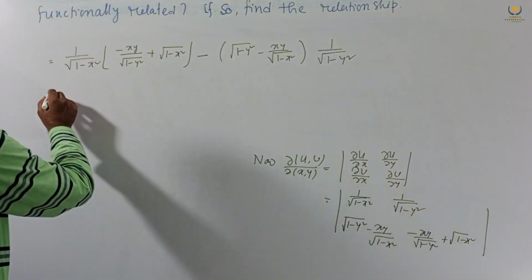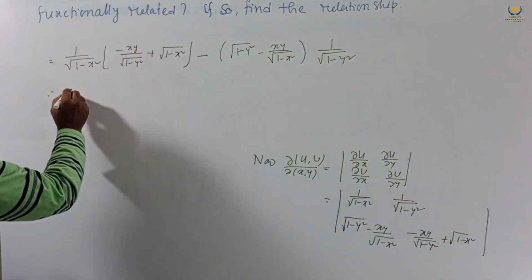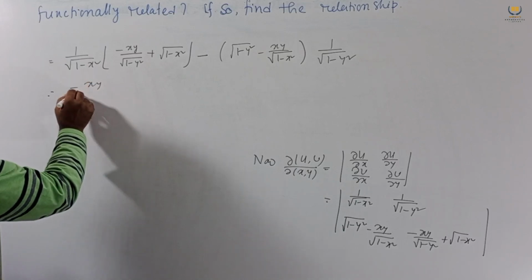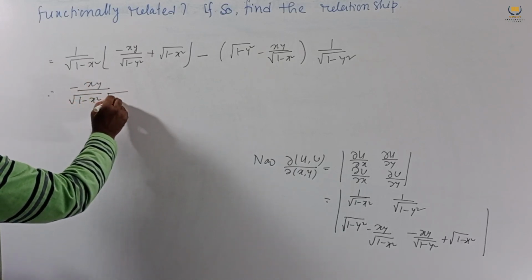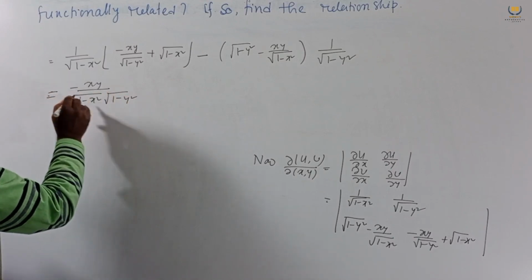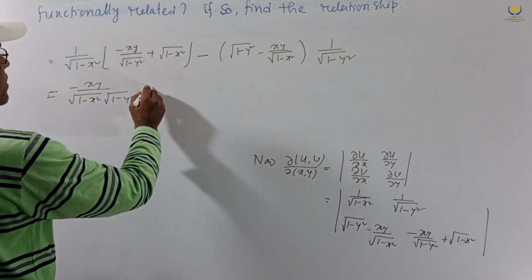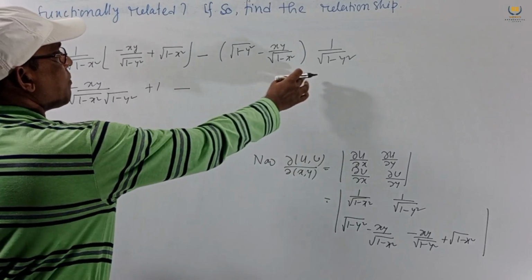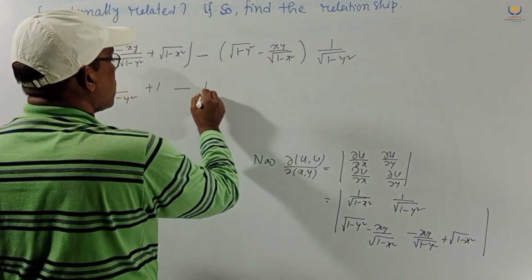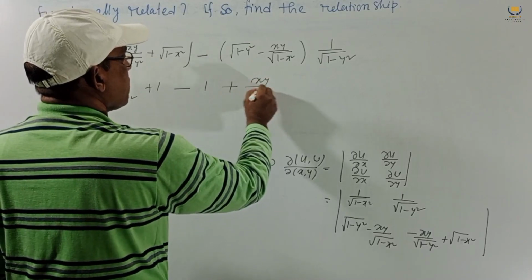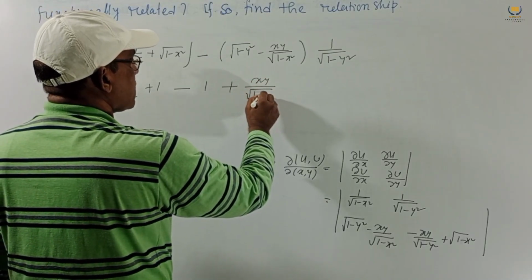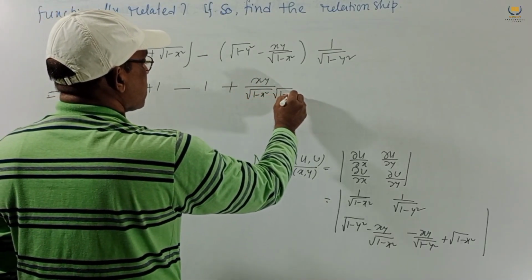So if we multiply this, we get minus xy by root over 1 minus x square times 1 minus y square, and multiplying this we get 1, and multiplying with this we get 1, and minus minus plus xy by root over 1 minus x square root over 1 minus y square.